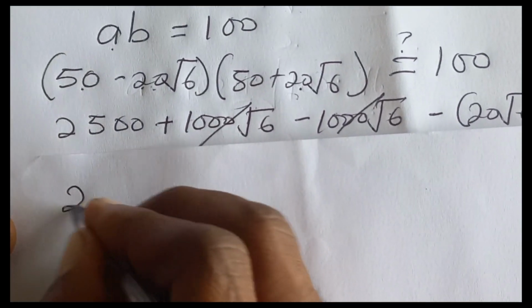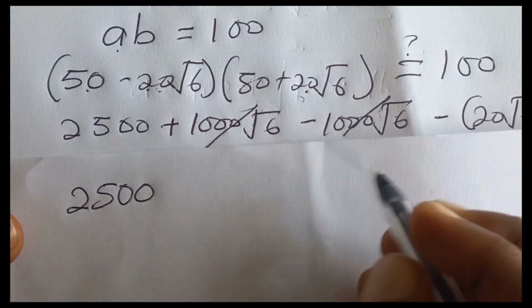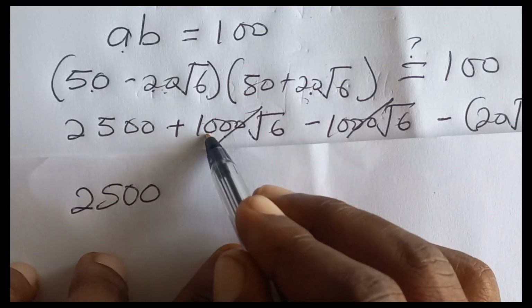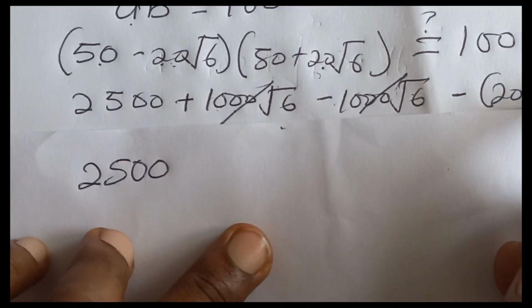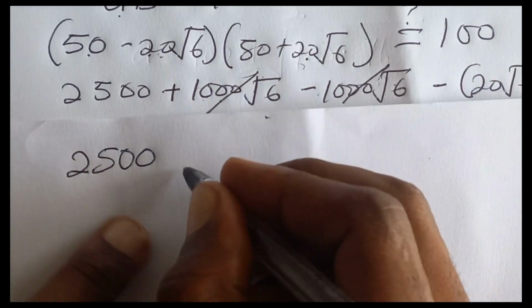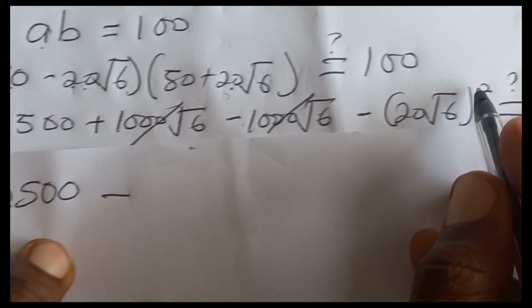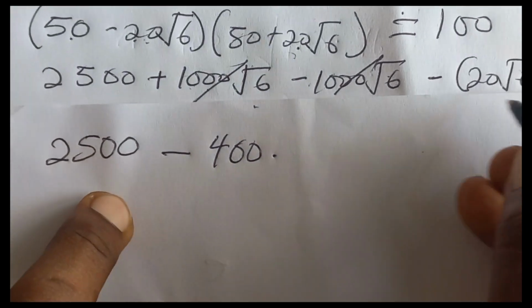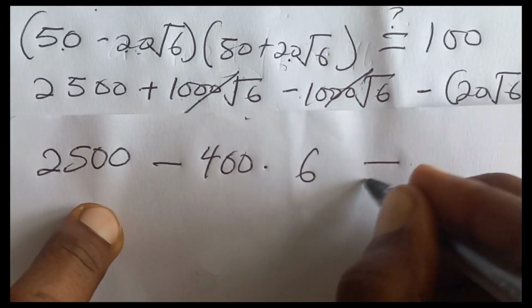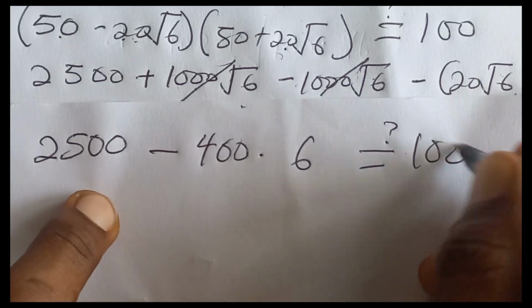We are having 2500. Then this 1000 root 6 will cancel negative 1000 root 6, leaving this one, which is negative 20 squared, we are getting 400 multiplied by 6. And this should give us 100.